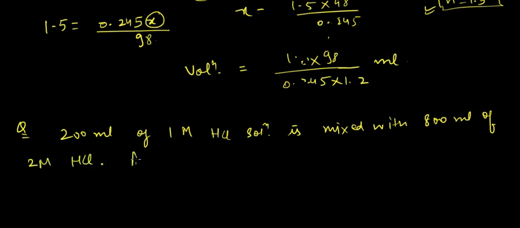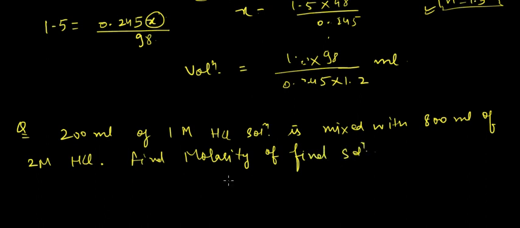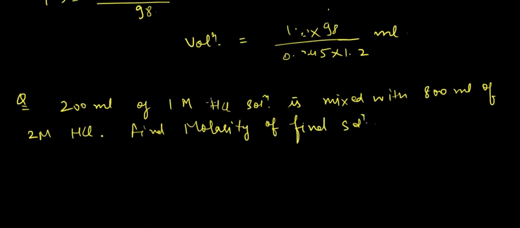We have to find the molarity of the final solution. So initially we have 1 M solution, so molarity is 1, volume is 0.2, number of moles of HCl would be M times V, which should be 0.2. Now it is mixed with 800 ml of more HCl.